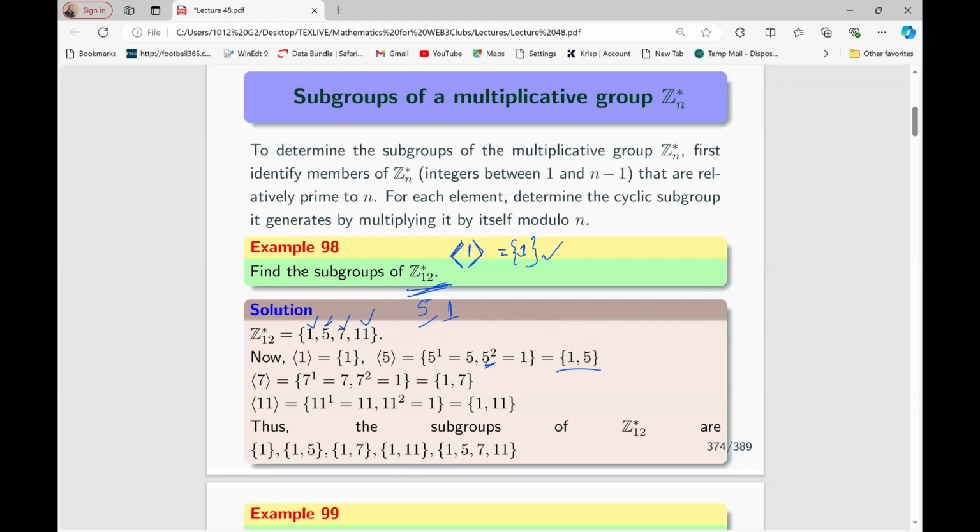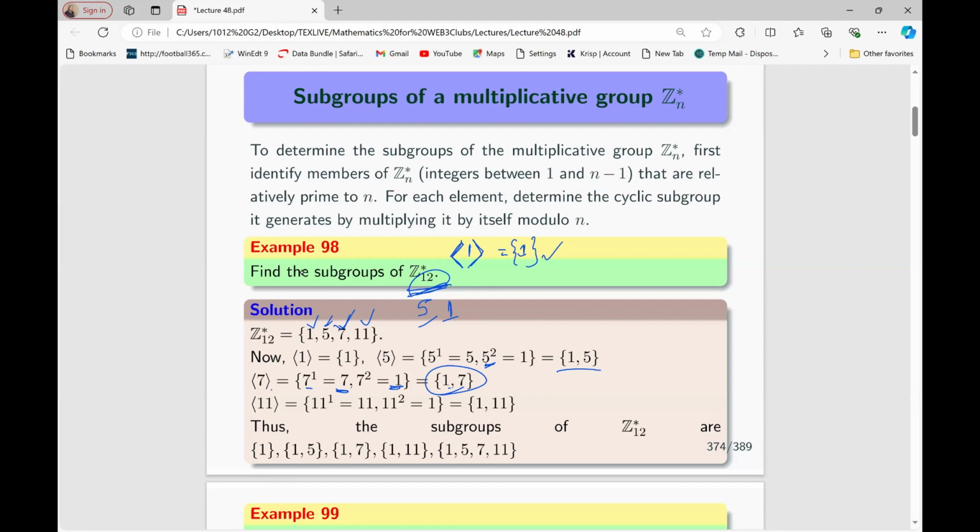Now let's find the subgroup generated by 7. 7 once is 7. 7 twice is 49. 49 divided by 12, the remainder is 1. So we've reached the identity again. It means 7 generates this subgroup, 1, 7.